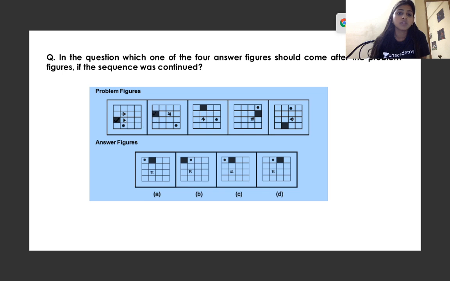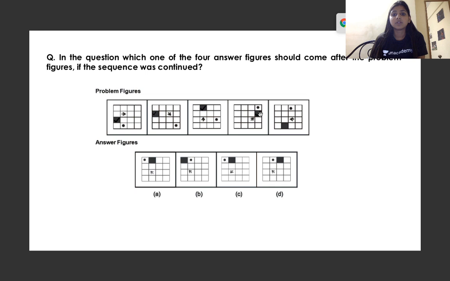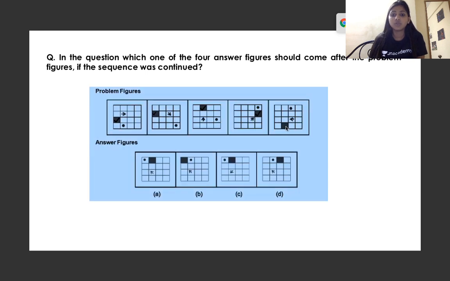How is that moving? From here, it has moved one box, then two boxes here, then three boxes here. And from this, four boxes here. So this time it will move five boxes, which means one, two, three, four, five.